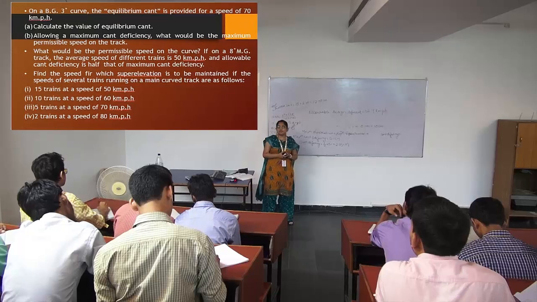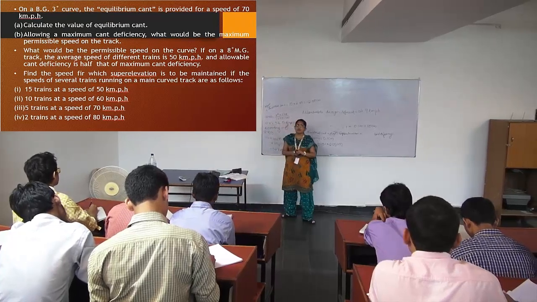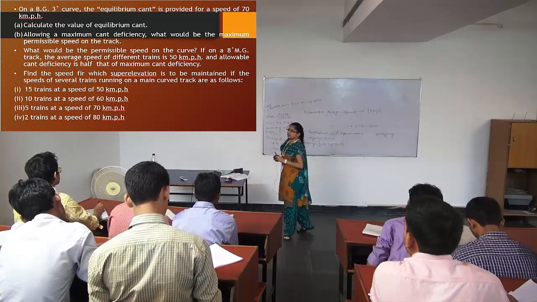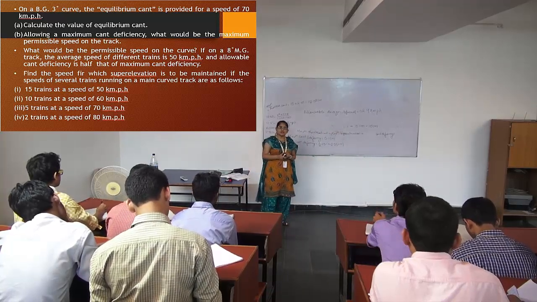First one, 15 trains at a speed of 50 kmph.